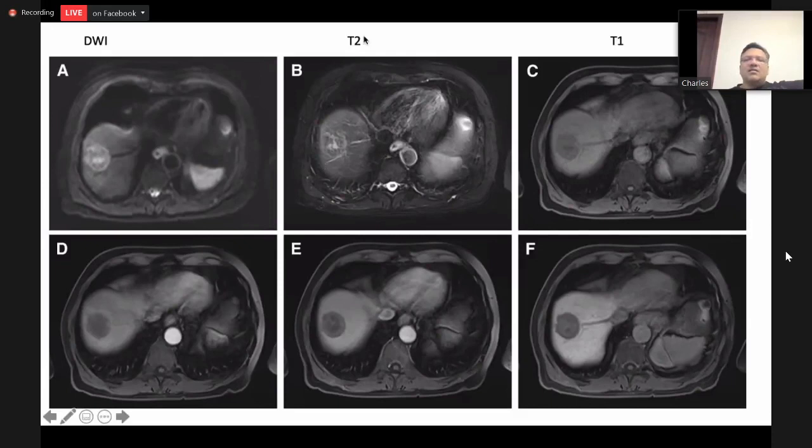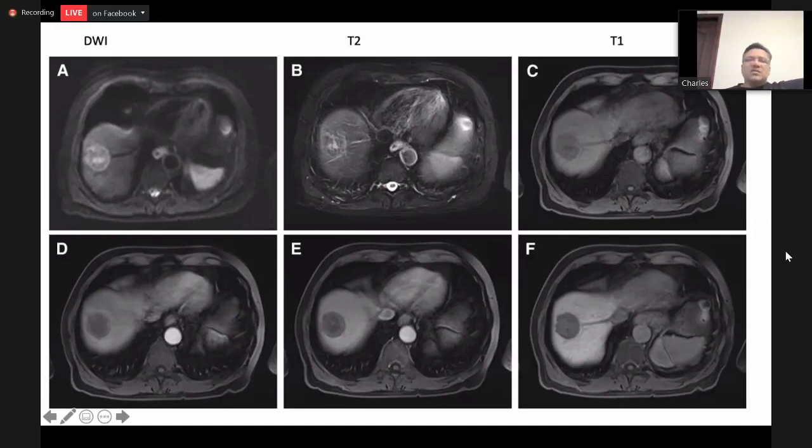In T2 it's a hyperintense lesion, and in T1 it's a hypointense lesion. In the arterial phase you can see a hypoenhancing lesion that has just got rim enhancement. There's rim enhancement in the arterial and the portal venous phase, and again a hypoenhancing lesion in the delayed phase.